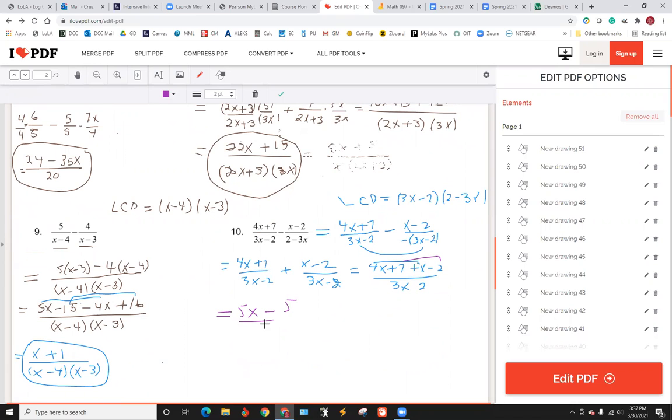All over 3x minus 2. Anyway, now the only thing you can do is just factor out 5, but that doesn't help us any, so we're just going to leave it like this.